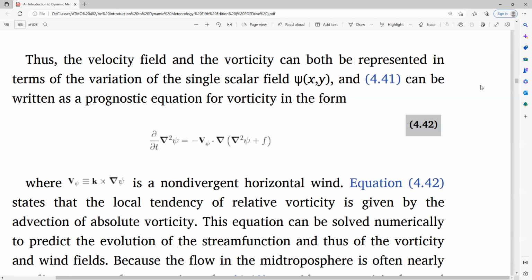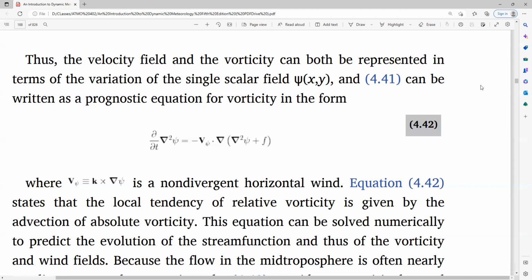Once you have cold advection and warm advection, temperature is going to change with respect to time. If temperature changes with respect to time, you will force the atmosphere out of geostrophic balance. So the atmosphere has to induce an ageostrophic flow to adjust back to geostrophic. That is baroclinic instability.